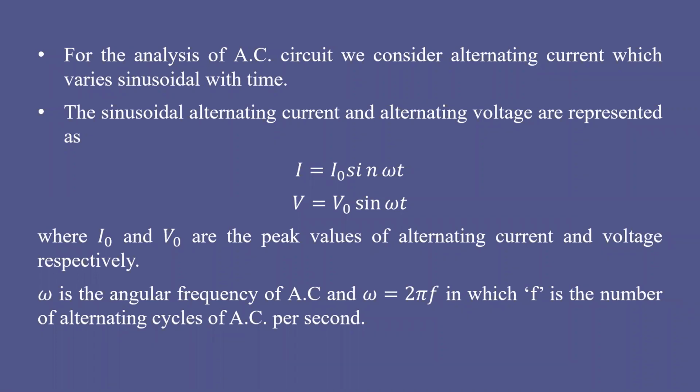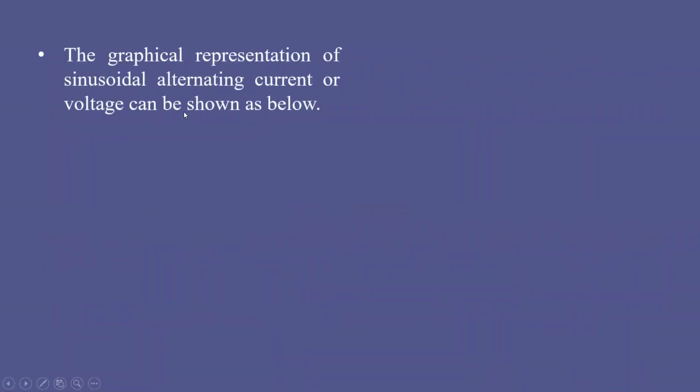So these two are the equations representing the alternating current and alternating voltage. Just remember this, and here omega t represents the phase of AC. We'll come to that later. Next, how to represent this AC graphically, in a picture.